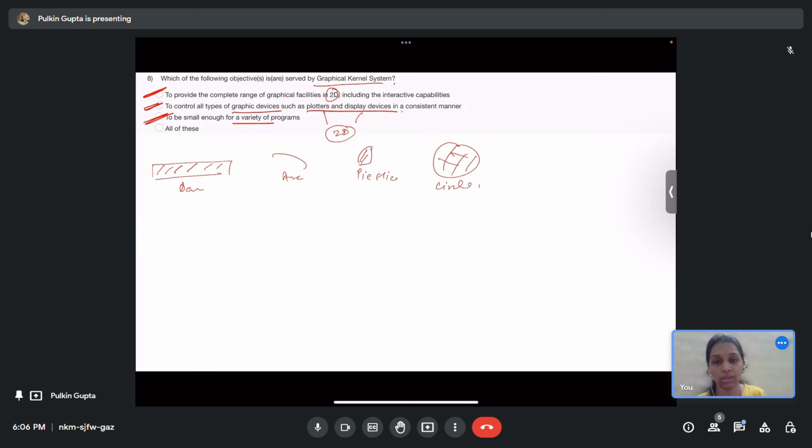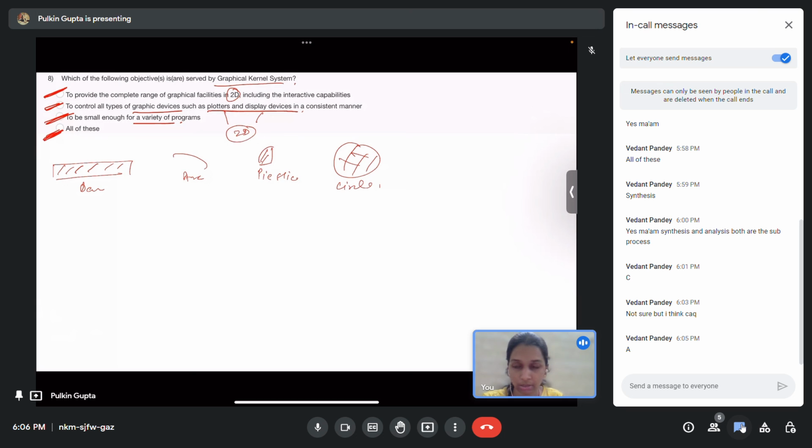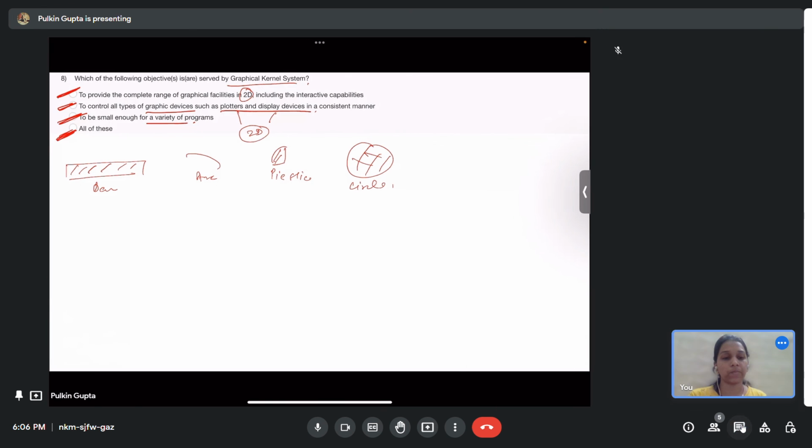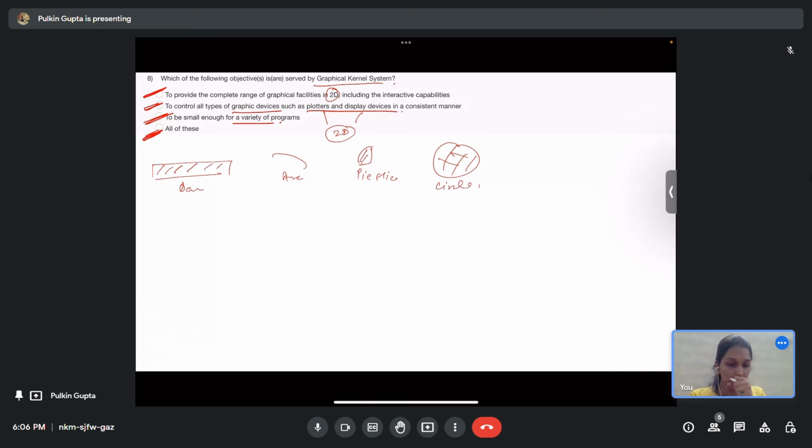That is, these file types are very small, so they can be interchanged between different softwares and machining platforms very easily. So the correct answer is all of these. Mr. Vedant, is there any doubt in this question? Should I explain it more?